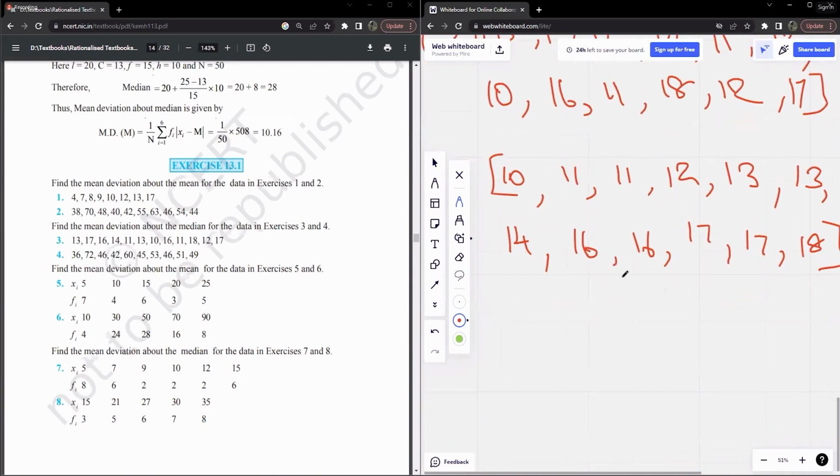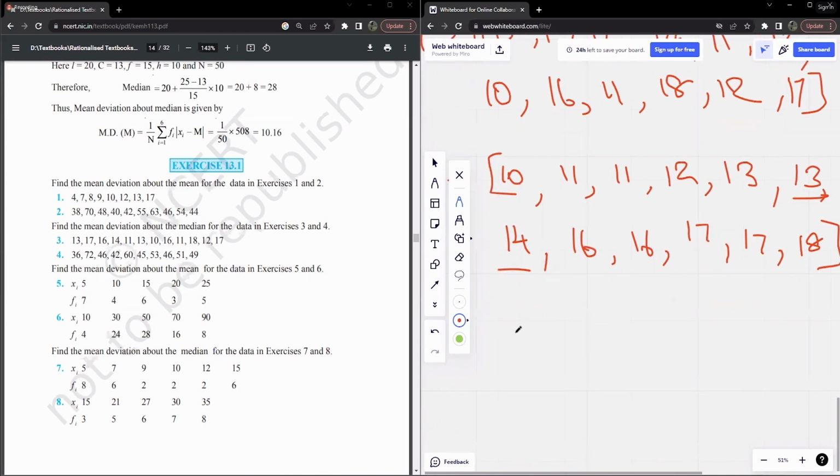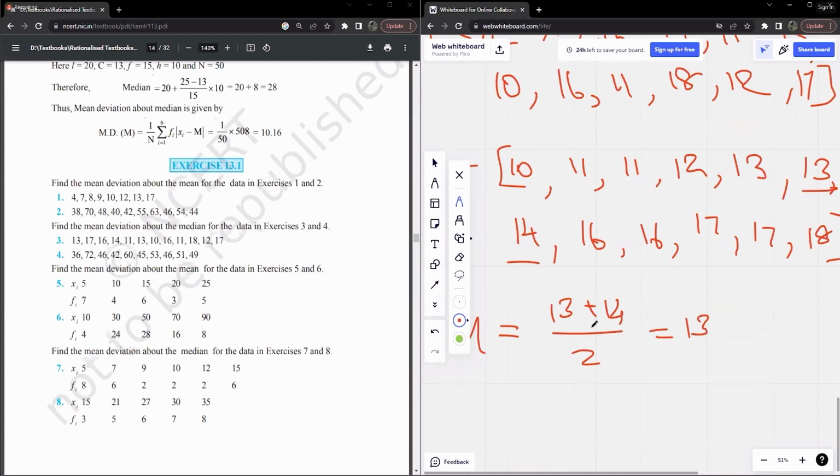So I can see that for this data set, the two central values are 13 and 14. Since this is an even number data set, the median is going to be the mean of these two values. So the median, capital M, is equal to 13 plus 14 divided by 2, which is 13.5. And that's the measure of central tendency that we're going to be using.